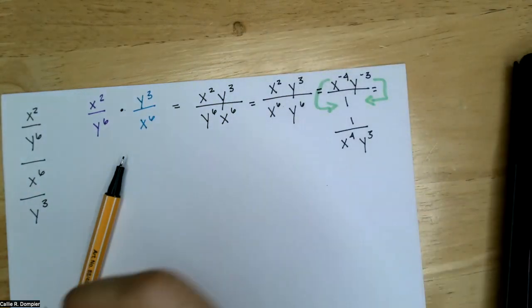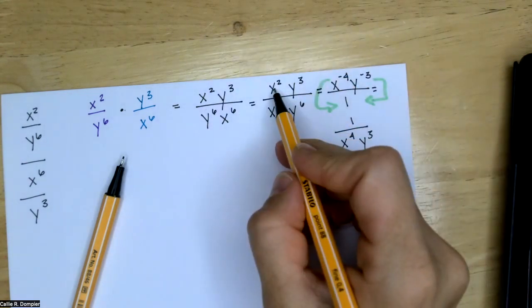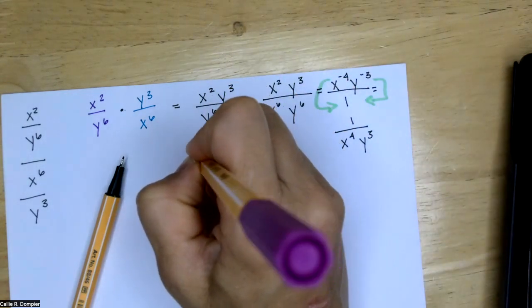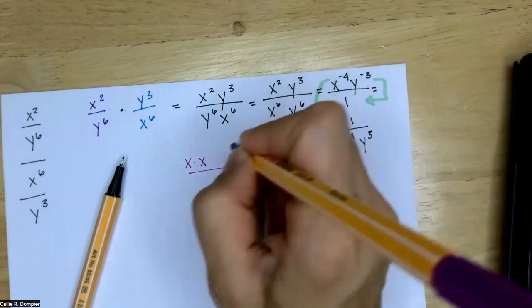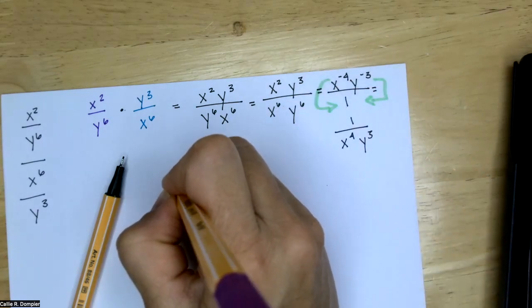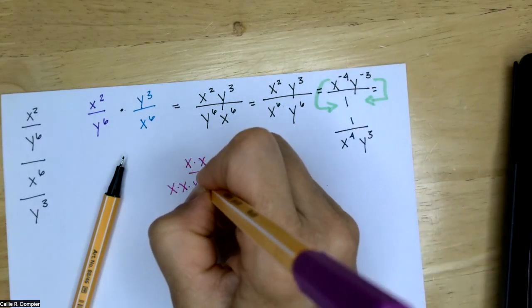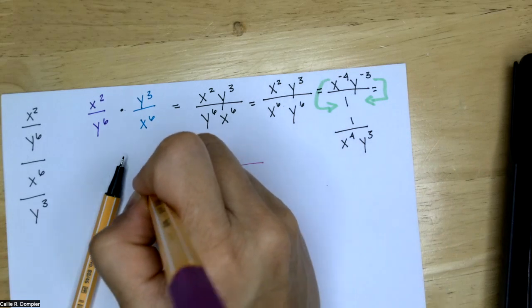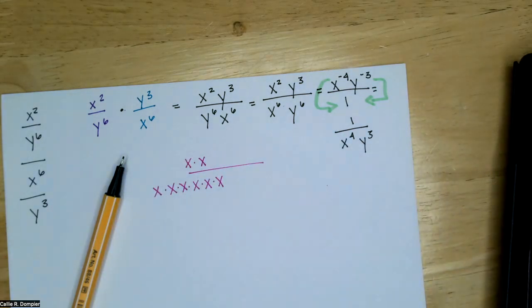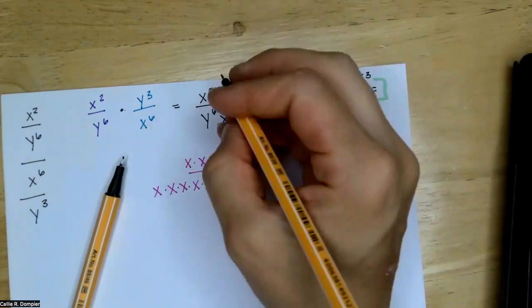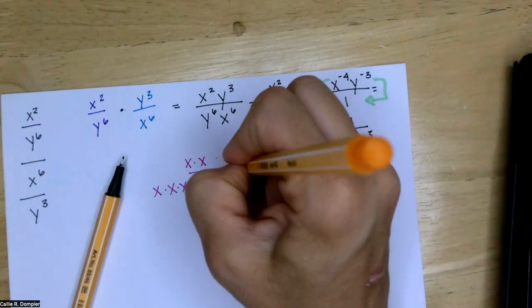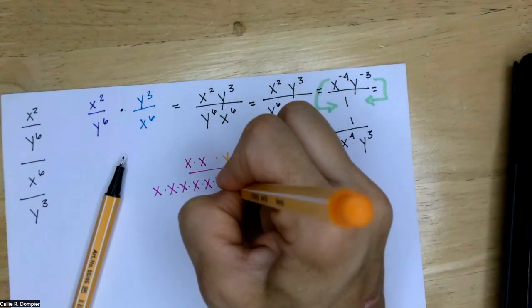Or if you don't like that, we can say, all right, we have 2 x's on the top, and we have 6 x's on the bottom. And then we have 3 y's on the top and 6 y's on the bottom.